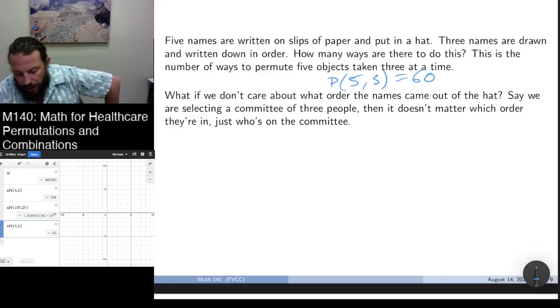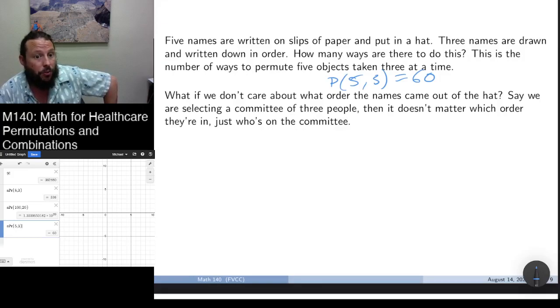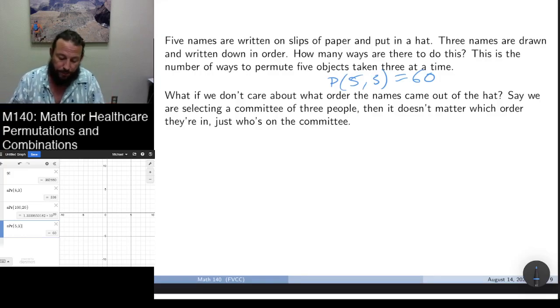Now, on the other hand, what if we don't care about the order, and the names come out of the hat in this case, okay? So we're selecting a committee of 3 people, a committee here, because order doesn't matter. Then it doesn't matter which order they're in, just who's in the committee.